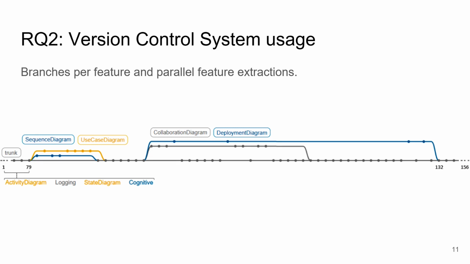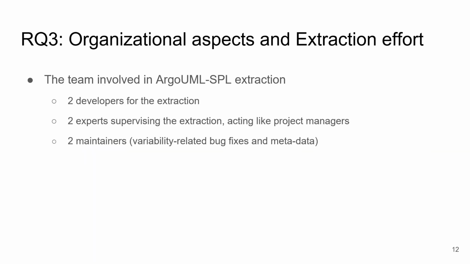For the other features, we found no evidence in the SVN about feature branches, but the developers confirmed that they followed this process for the first 4 extracted features as well. The team was small. The main committers were 2 developers, one of them responsible for 6 features, and another one for 2 features.